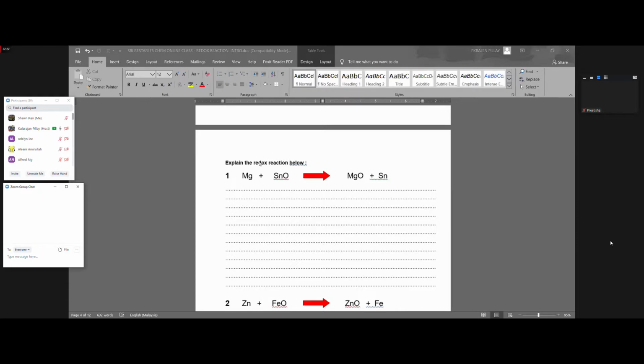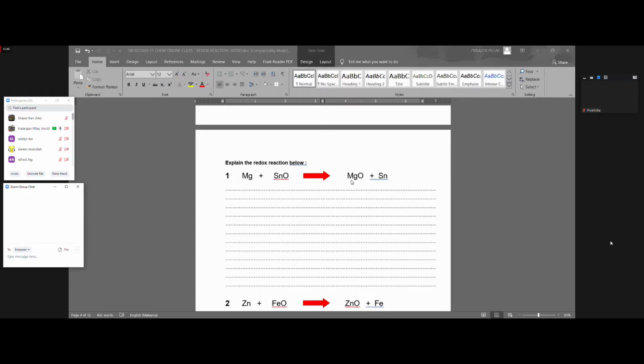So explain the redox reaction. Write down number 1 first. This reaction is a redox reaction. Now we explain. Magnesium is oxidized to magnesium oxide. Write that down as the second point.